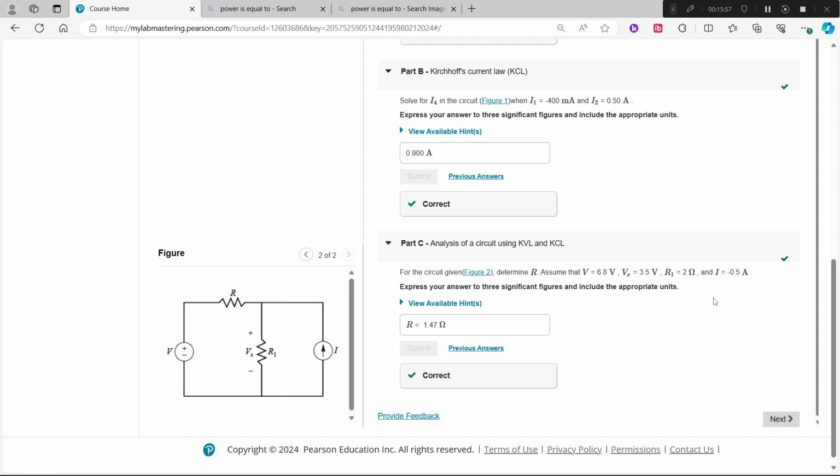I have it drawn, I just need to write the numbers down. V sub x is equal to 3.5 volts. We're given R1. This is R1.